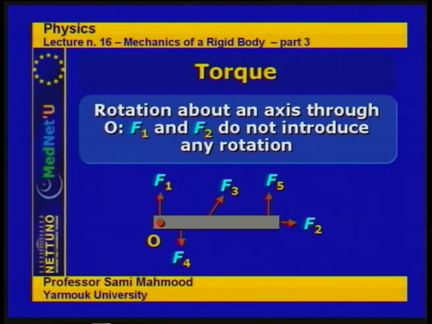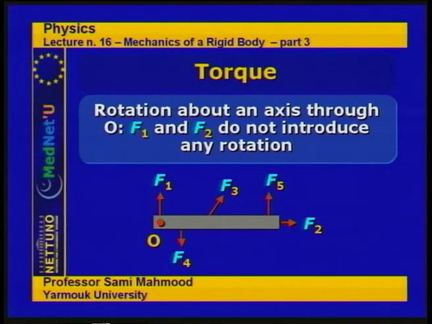And if we consider this assembly of forces acting on the bar at different parts of it, we will notice by experience that, for example, the force F1, which is acting on the bar but is going through the pivot point, the point where the bar is fixed, does not lead to either translation or rotation in the body.